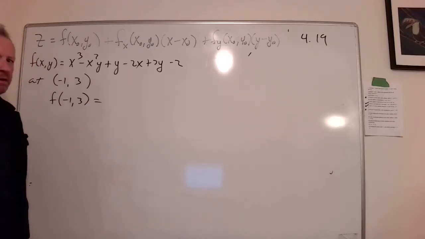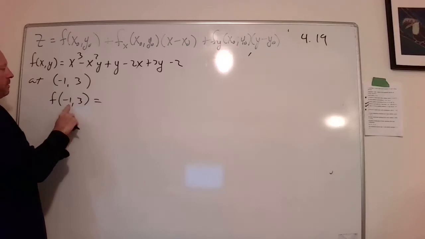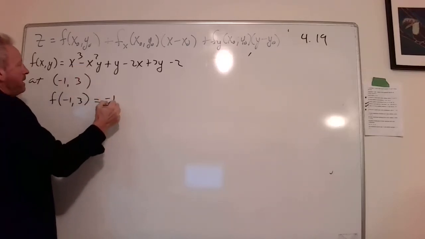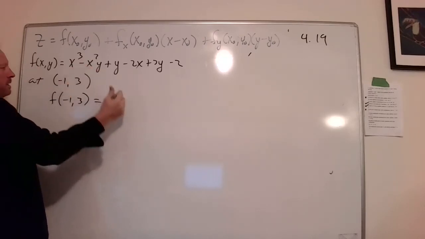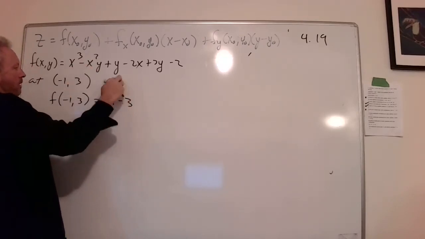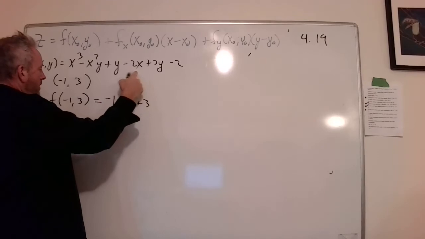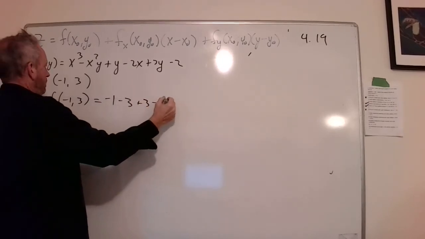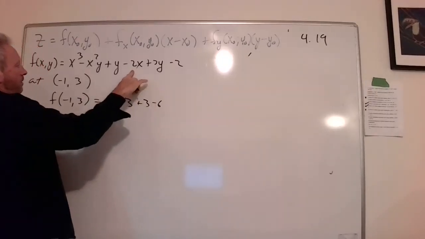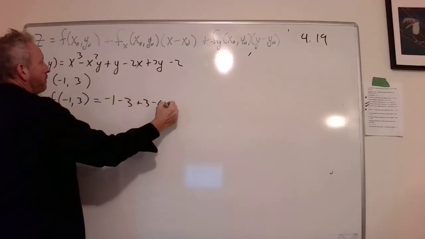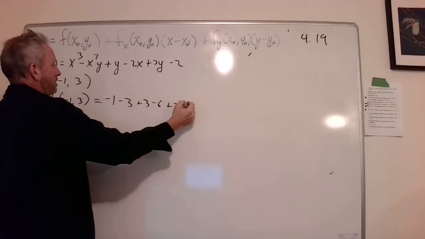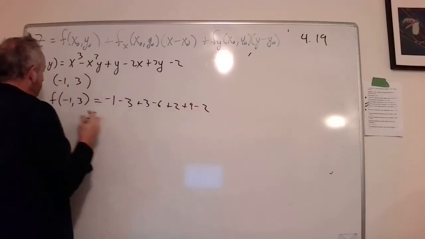I don't care how much work you show at this stage of the game. We put a negative 1 in there, we would get negative 1 cubed. If I put a negative 1 in there, I get 1 times 3, which is 3, so minus 3, and then plus 3, and then minus 6, and I almost made a silly mistake there, but negative 2x, so plus 2, and then plus 9, minus 2.